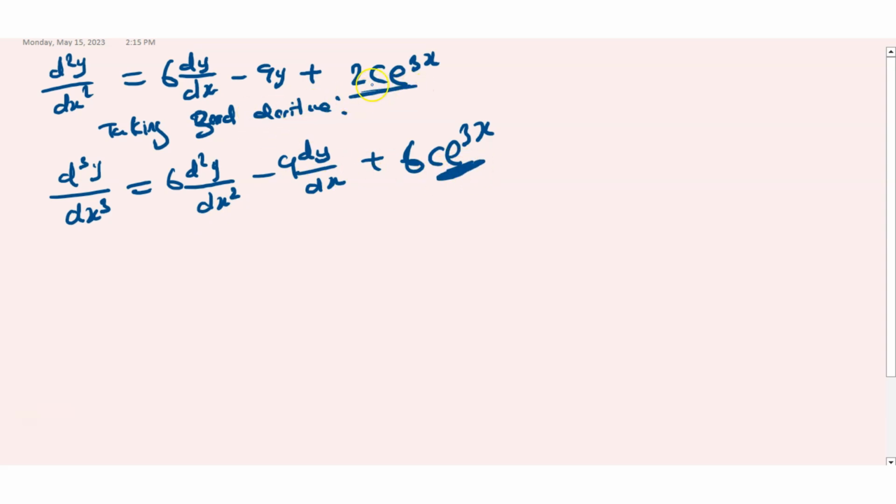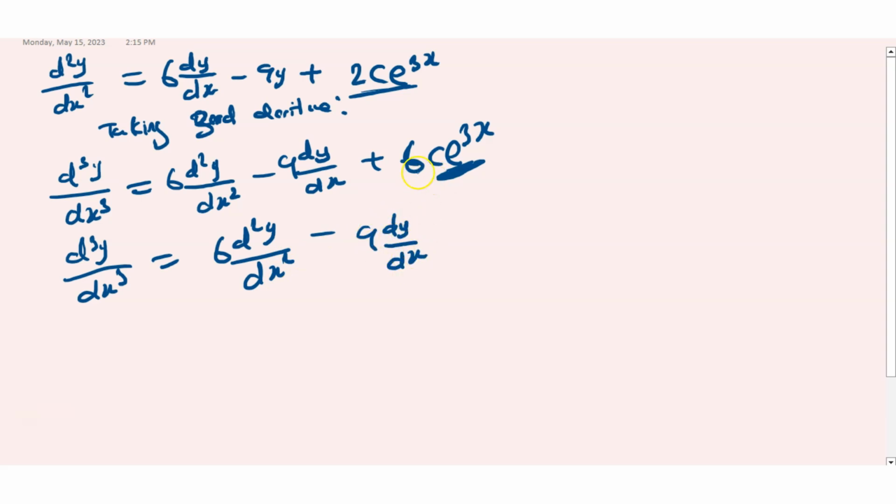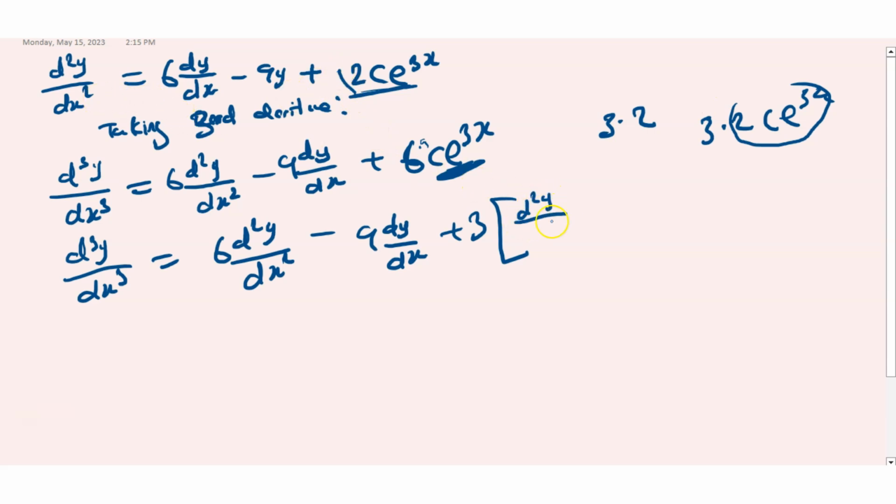Notice that 2c e to the 3x is just, from the previous equation, d squared y over dx squared minus 6 dy dx plus 9y. So we have d cubed y over dx cubed equals 6 d squared y over dx squared minus 9 dy dx, plus 3 times 2c e to the 3x, which we replace with d squared y over dx squared minus 6 dy dx plus 9y.